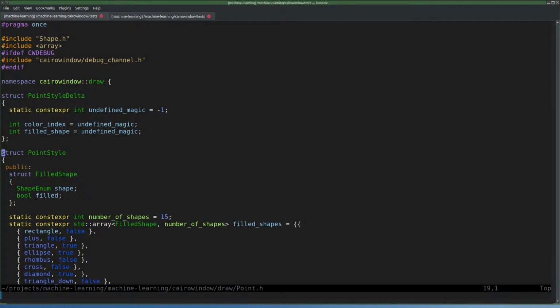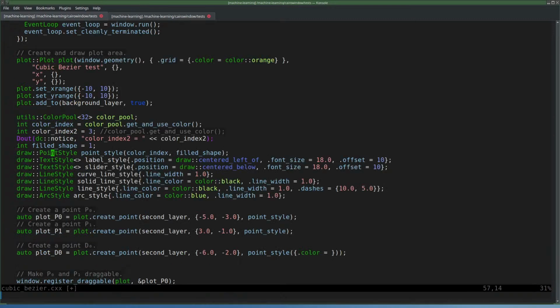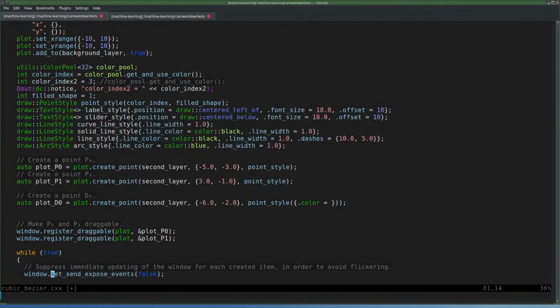Oh, that works with color indexes. Yeah, the reason I did that is so you can make a lot of different colors without knowing which color it is, just that they are different.